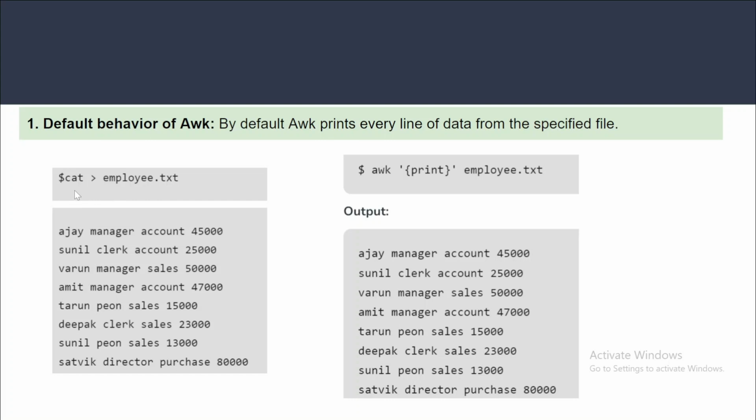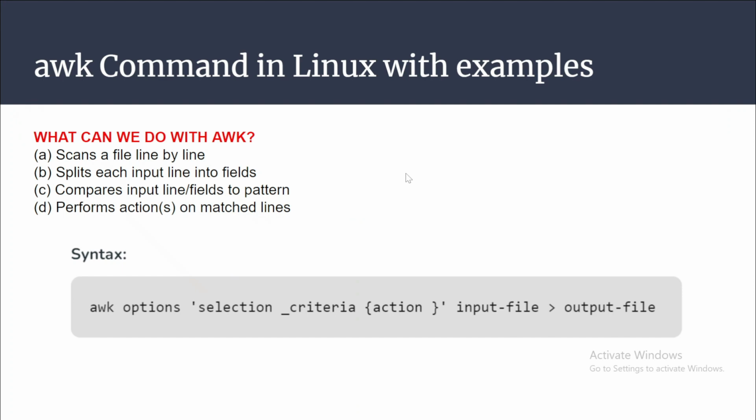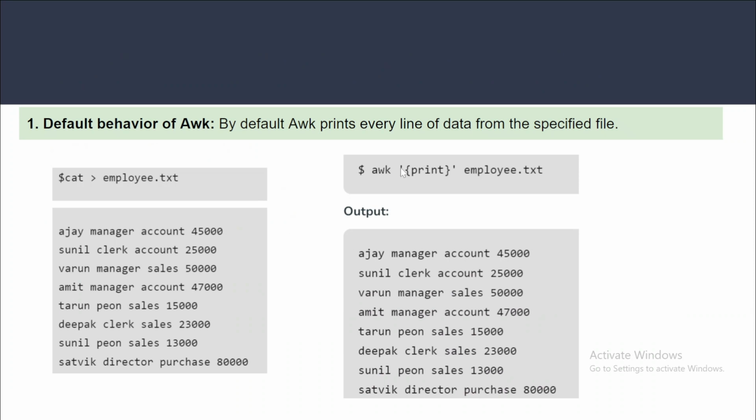If you do cat and then provide the file name, it will print the content of the entire file. Same thing awk is doing if you're not providing any selection. If you see the syntax, we have the awk command, options and selection criteria, but here we are not providing any selection criteria. We are just giving the action item, that is print, so it will print the entire content. Okay.